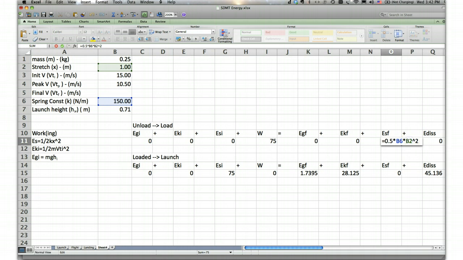You notice that the stretch is in cell B2, and you see how those two cells are highlighted, so that's where I'm collecting my data. And so that's where that came from.